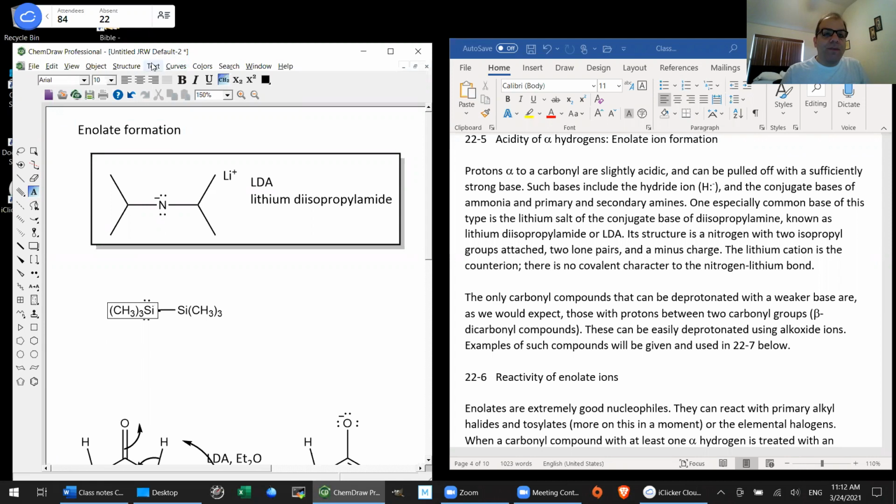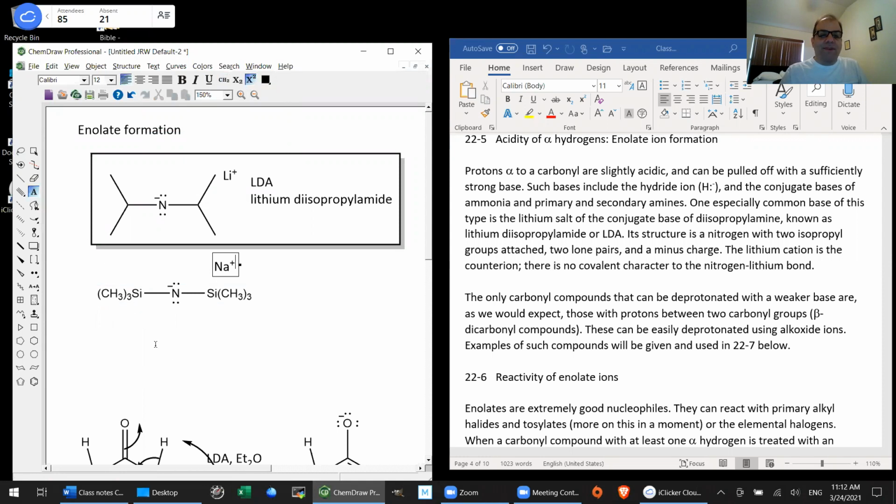And for whatever reason, this one seems to be usually sold as this sodium salt, though I bet you could get your hands on the lithium salt too.